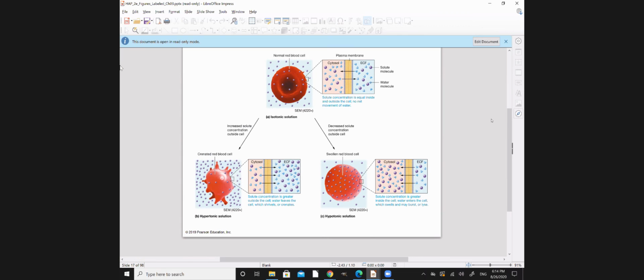There will be a movie on your Canvas dedicated to the lab, and you will see what we usually did in the lab. We took a drop of blood and placed the red blood cells in solutions of different concentrations: isotonic, hypotonic, or hypertonic solutions.